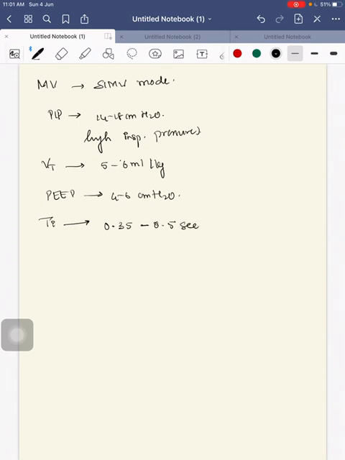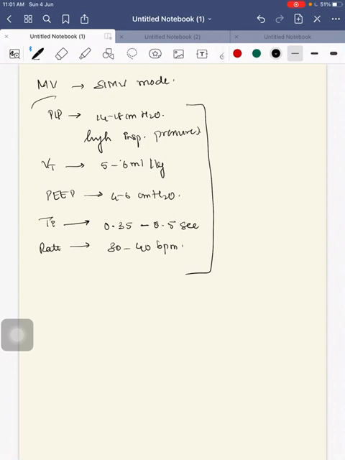Okay. There should be an adequate expiratory time to prevent air trapping also, and you maintain the rate at 30 to 40 breaths per minute. Okay.